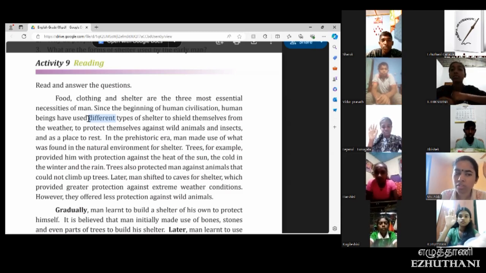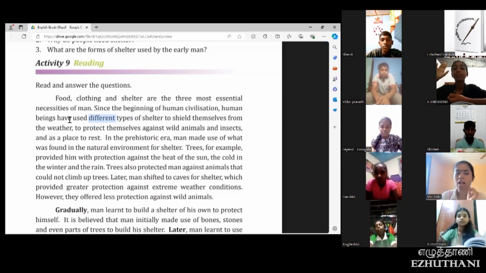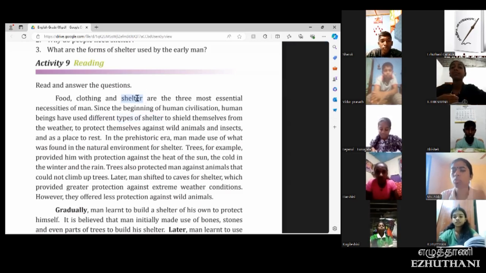Deekshana, do you know what the word different means? Okay. So different means vityasam. Beings have used different, so vityasamana types of shelter. So here we had in the first sentence shelter, right? Shelter means uraividam.